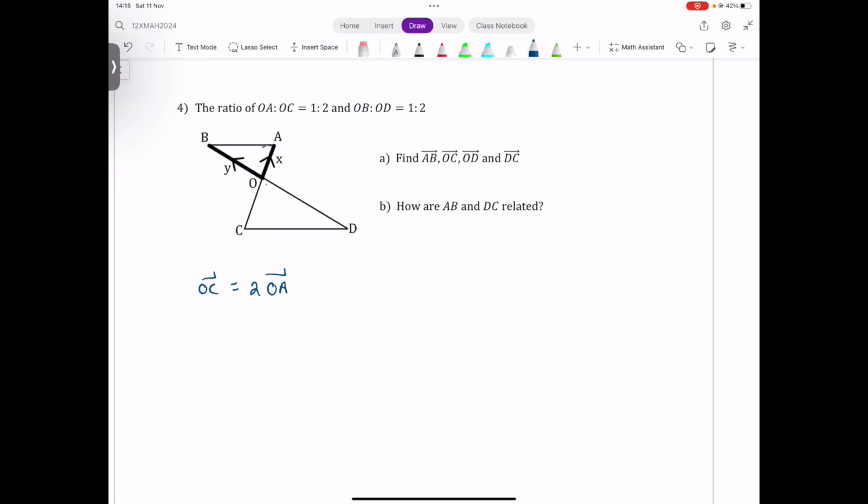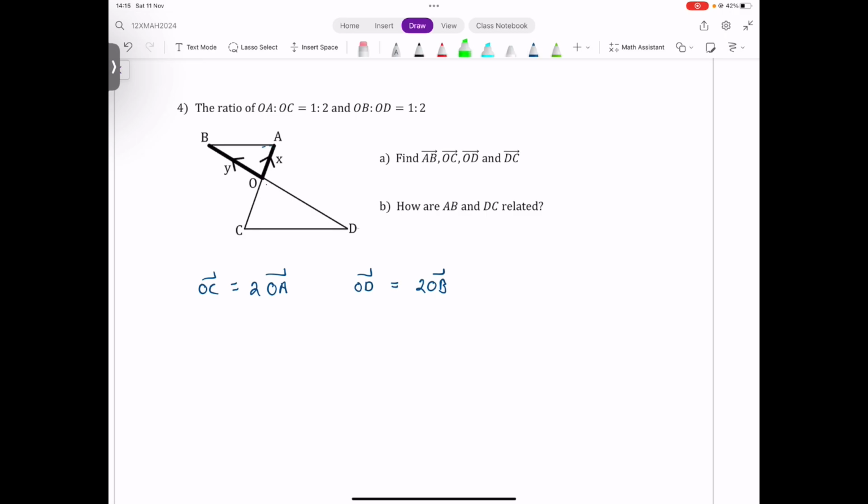Also from the diagram, it's telling us that OD, well, it's in the ratio with OB of 1 to 2, and it's equal to 2 times OB. But we're going to consider the signs of the vectors because, yes, OC is twice as large as OA, but they're actually going in opposite directions.